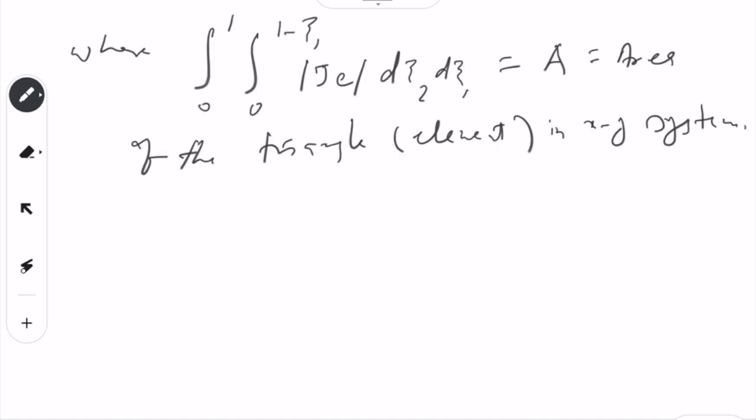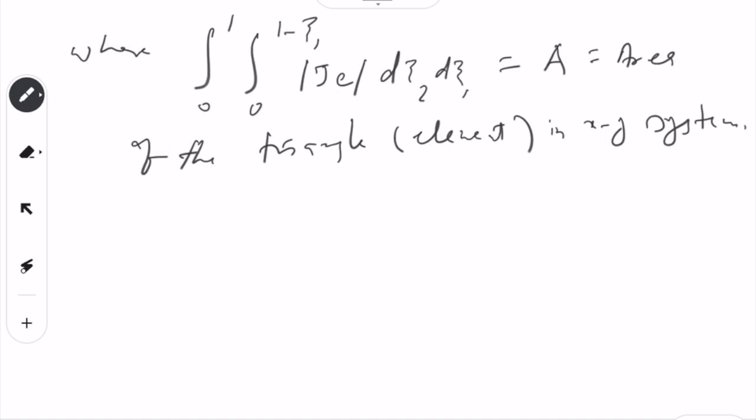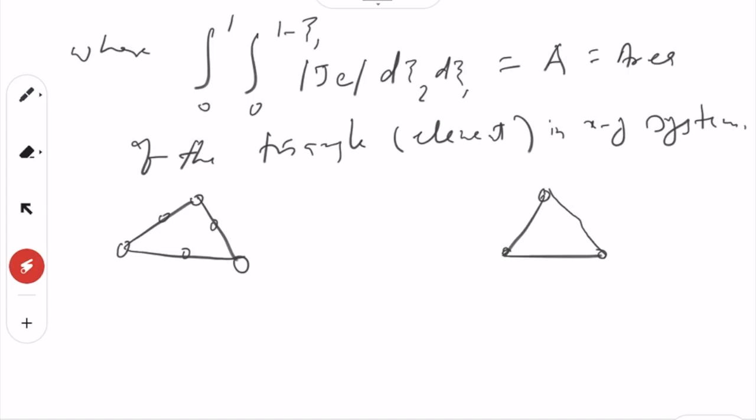Now, if you had, let us say, a 6-noded element like this one, then what will you do? In that case, there are two things you should consider. One thing is, what is the difference between the two?